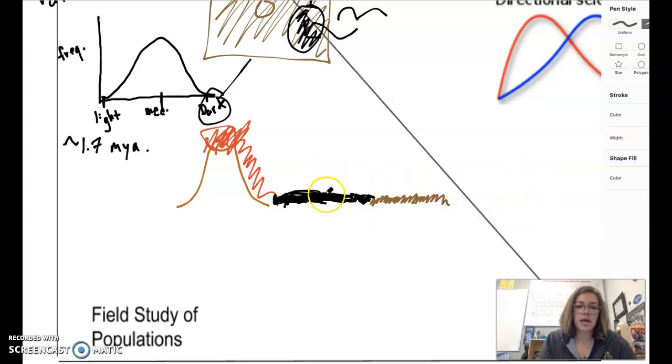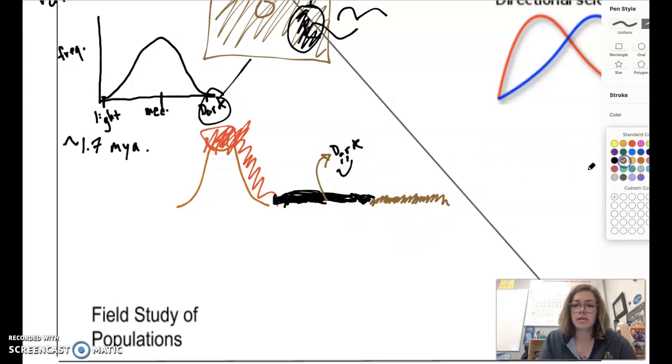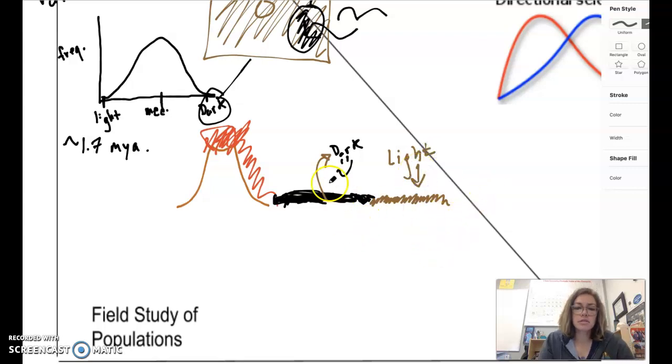Now, what do you think is going to happen to the mice here? Which mouse is going to survive best here? In this environment, the dark colored mice are going to survive, right? They're going to be the happiest. Well, in this environment over here, the light colored mice are going to survive. So let's look at just this population.